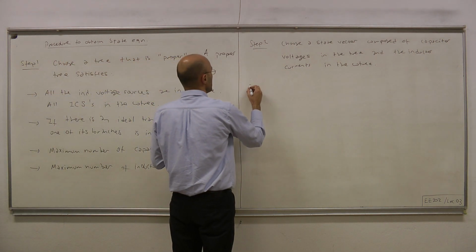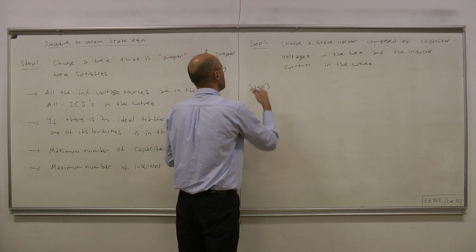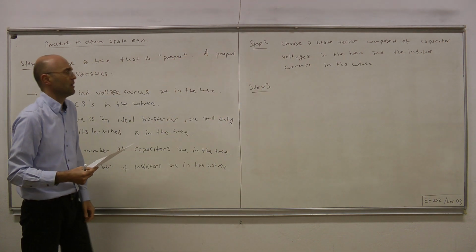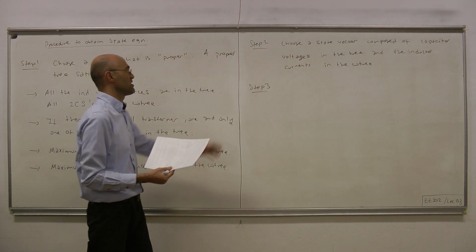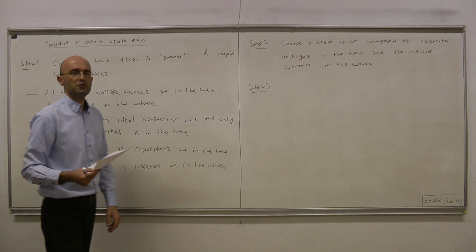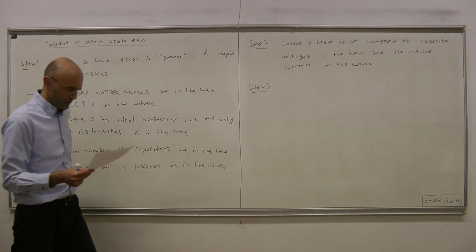Then in step 3 and step 4, perhaps it may also be suitable to consider them as a single step, or step 3a and step 3b, what we do is we write down these state equations. Okay?